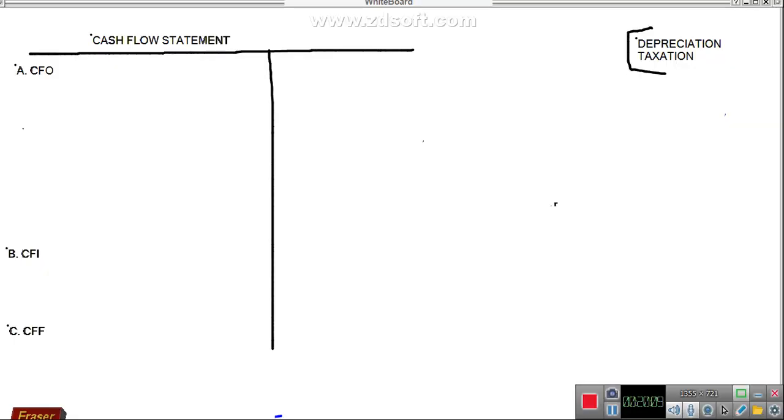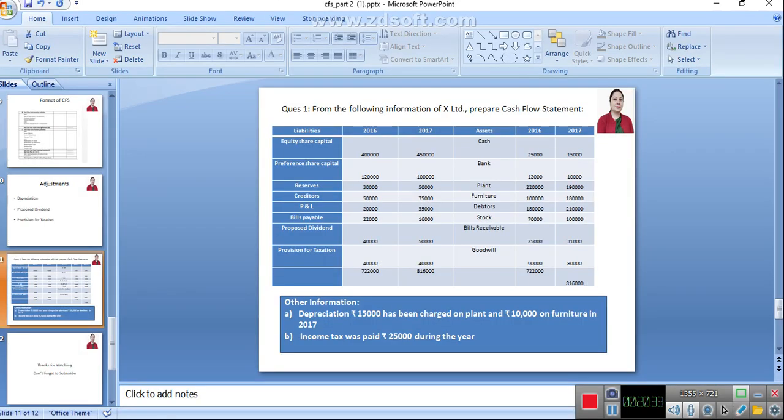If you have seen the format clearly, the increase in share capital will be written in the cash flow from financing activity. Increase in share capital 50,000. It is a positive balance because the company is receiving the amount.